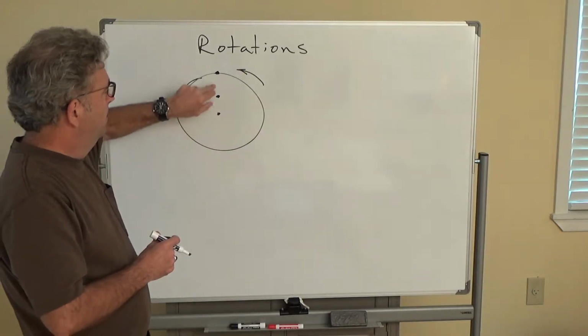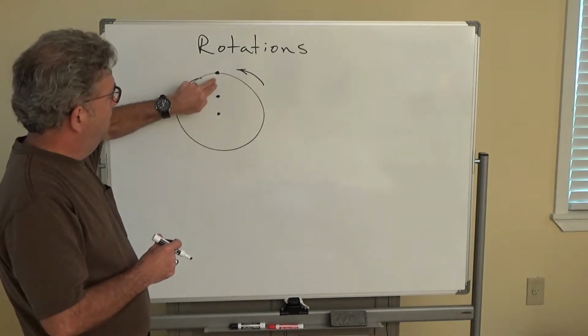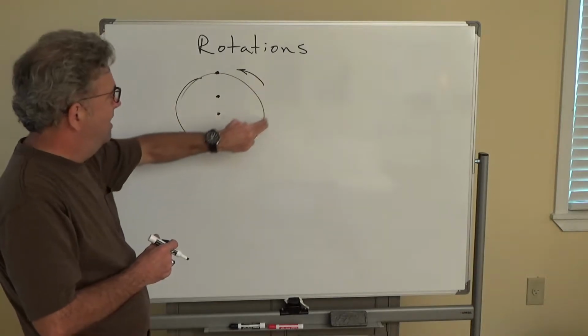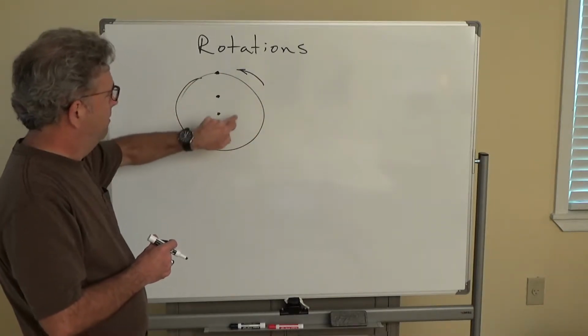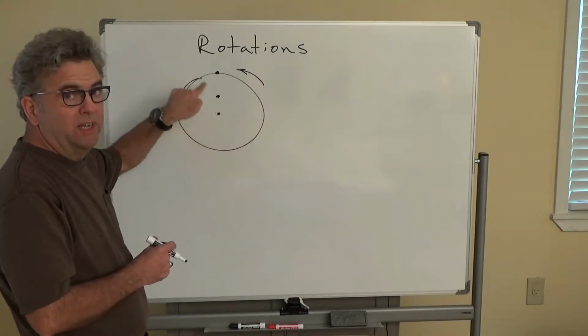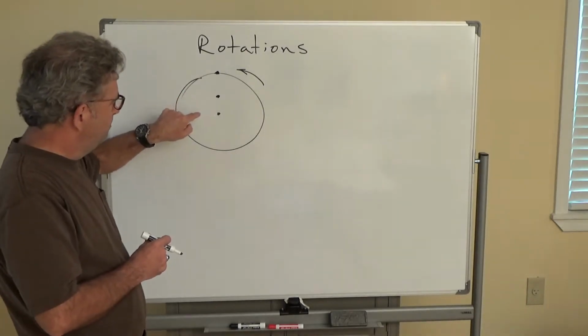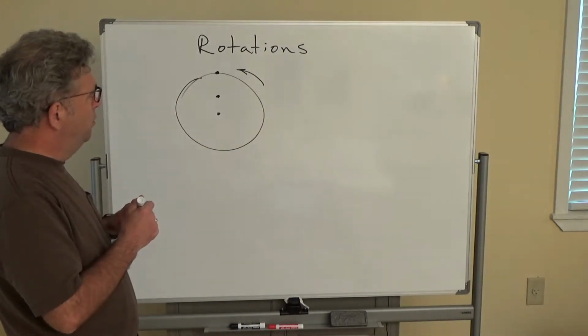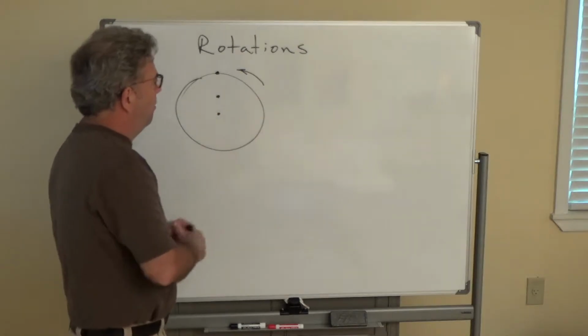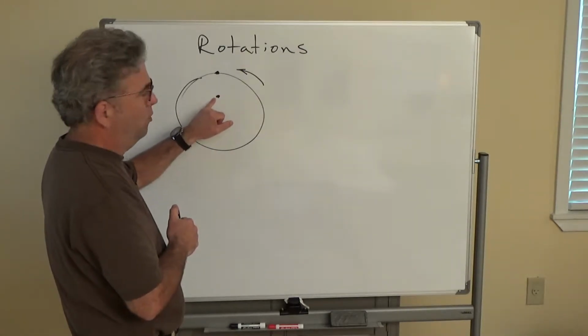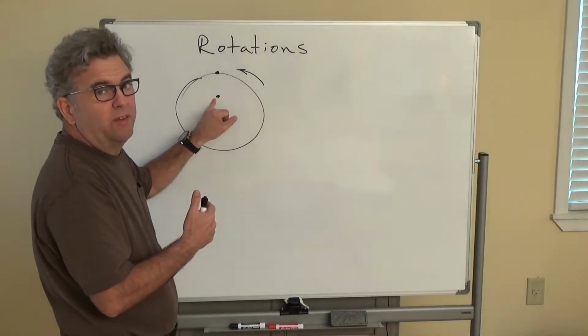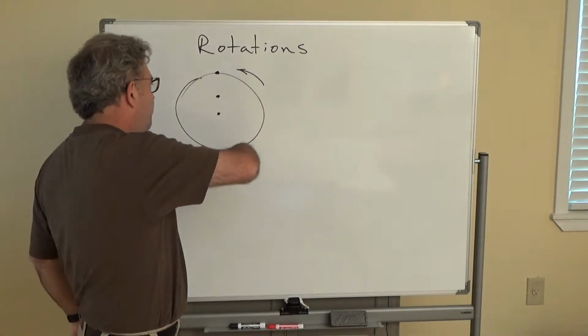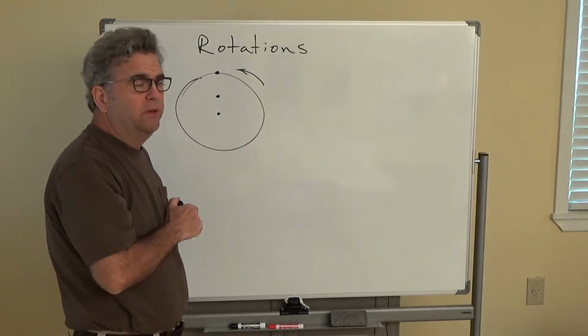This point is traveling faster than this point, if you think about that tangential velocity. Also, it's traveling farther. That's why it's traveling faster. It has to go farther to make one revolution.